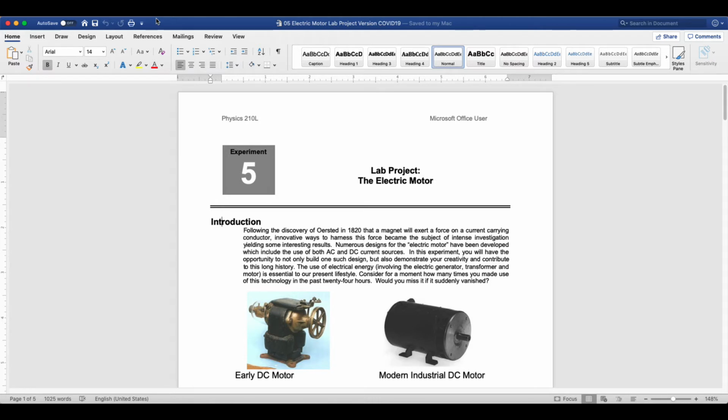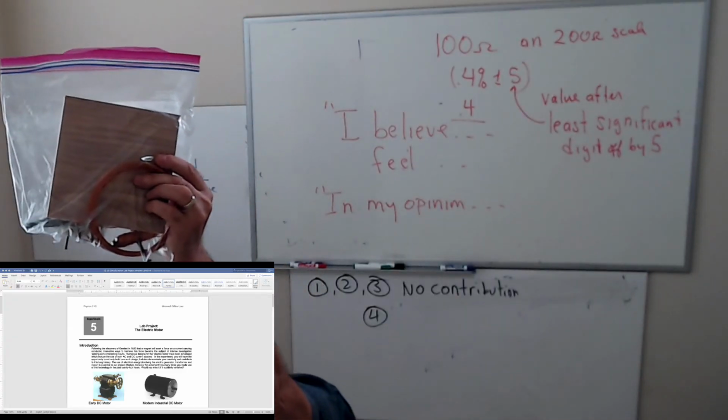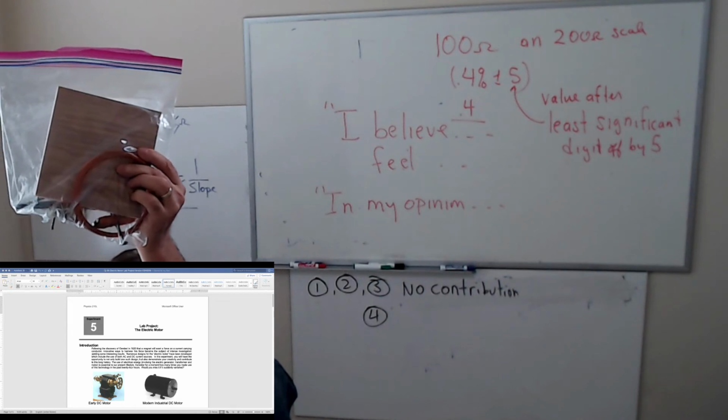You have a kit that came with your lab kit, a motor kit. So hold on a second, let me switch views. Looks like this. This is your motor kit.